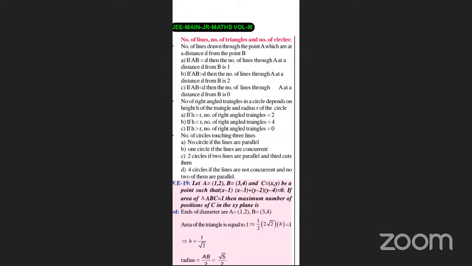Now, how many lines can we draw through A? Through A means the line has to pass through A from B. From B, how many lines can I draw through A when the distance is D between them? That's what they're telling.